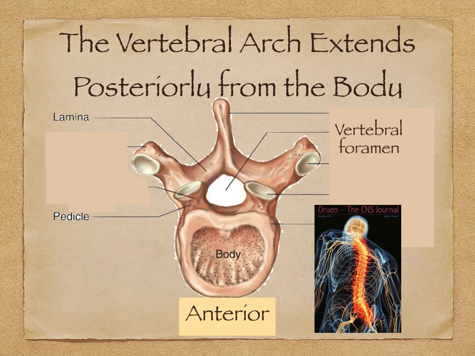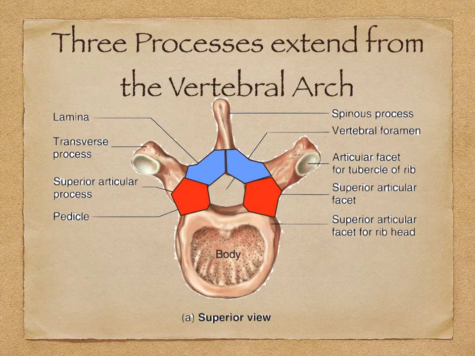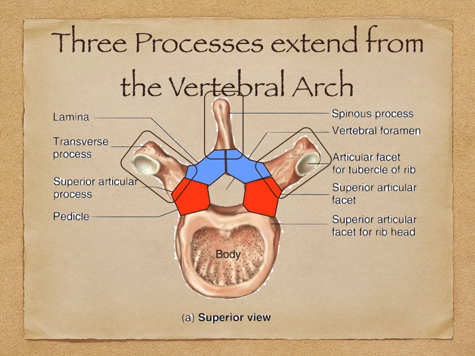Now, what else would we see here? There are 3 pieces sticking out the sides and the back of the vertebra. So this one that sticks straight out the back, you can see, is called the spinous process. And the 2 that stick out on the sides are alike, and they're called the transverse processes.